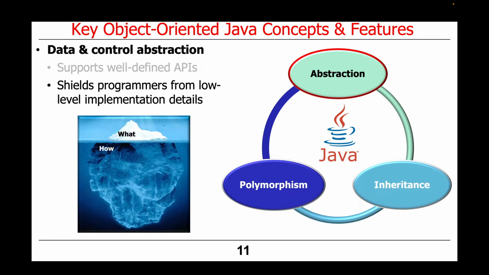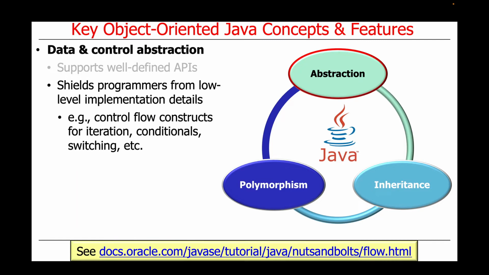Control abstraction, and data abstraction for that matter, also help to shield programmers from low-level implementation details that lurk beneath the surface. Examples of control abstractions include common Java control flow constructs, such as iteration with iterators or loops, conditionals with if-else statements, as well as switching and branching.